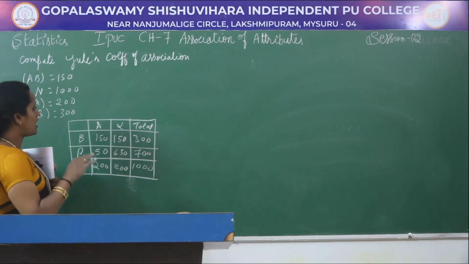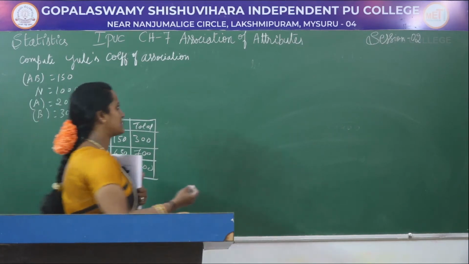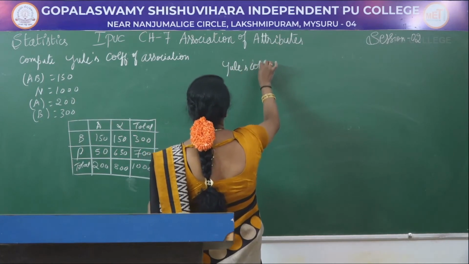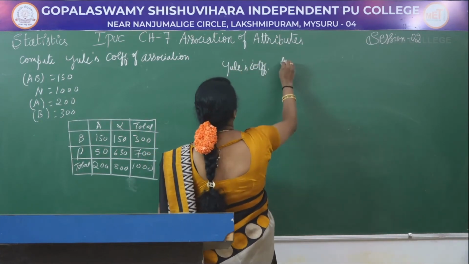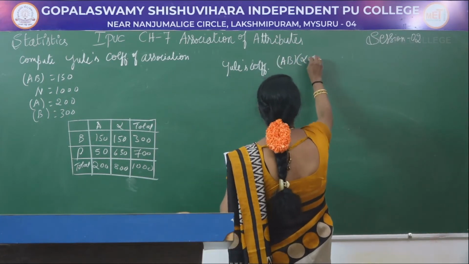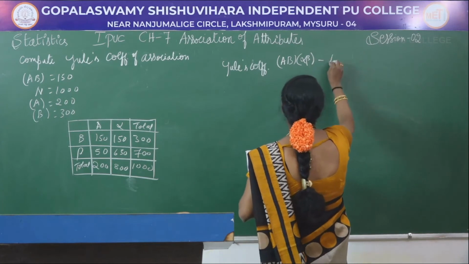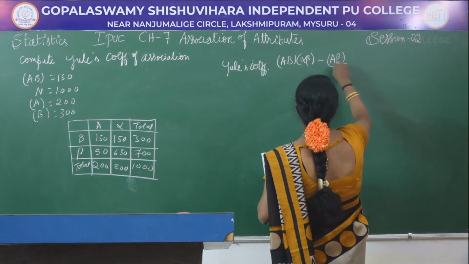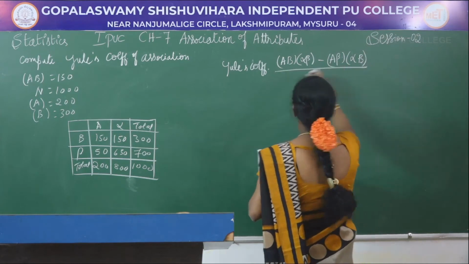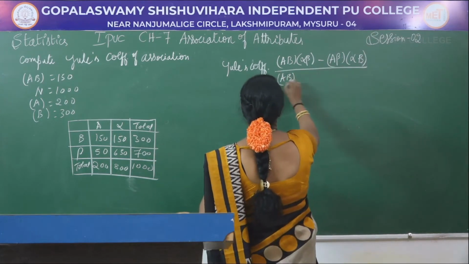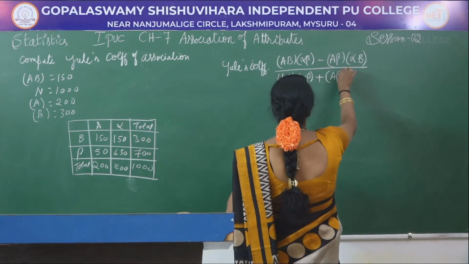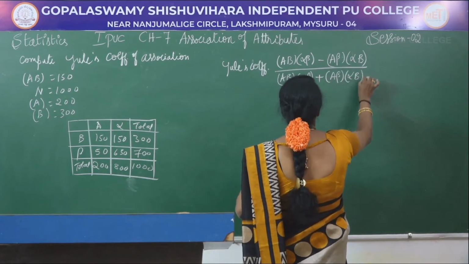Okay, so now we have completed the table. Next we will move on to Yule's coefficient. Every time you have to write the formula, so that when you are writing the examination, it will be easy. You will not forget the formula if you practice writing it for every problem.